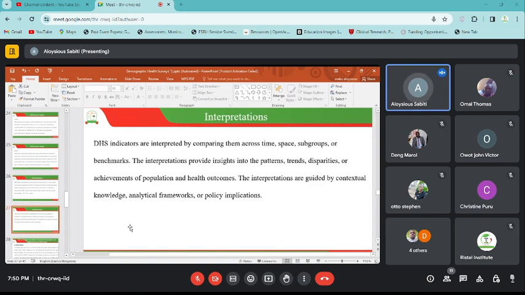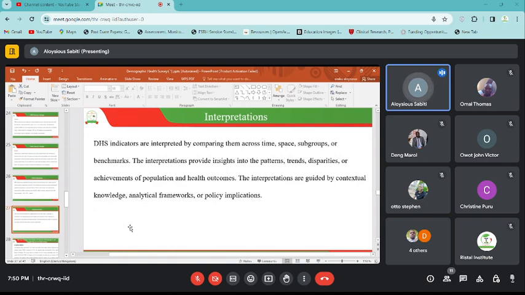For example, since the survey is done every 5 years, you should be able to explain trends for the last 20 surveys that have been done, for the last 3 surveys that have been done, but also through subgroups. For example, subgroups according to place of residence, subgroups according to educational level, subgroups according to marital status, subgroups according to age.